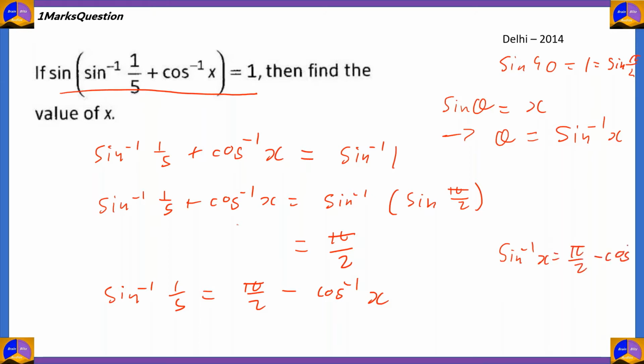So pi by 2 minus cos inverse x will be equal to sine inverse x. Sine inverse 1 by 5 is equal to sine inverse x, which will give us the value of x as 1 by 5, just by canceling sine inverse on both sides. So that is the simple and easy way in order to solve this question.